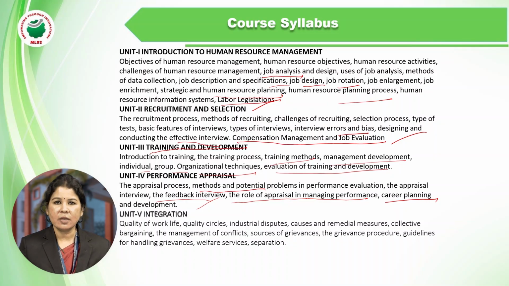We may have grievances which disturb the ambience and coordination between employees and employees, and between employees and employers. To avoid these grievances, the mechanisms which we have and which we practice in factories and companies are what we discuss in chapter 5, which is called integration.